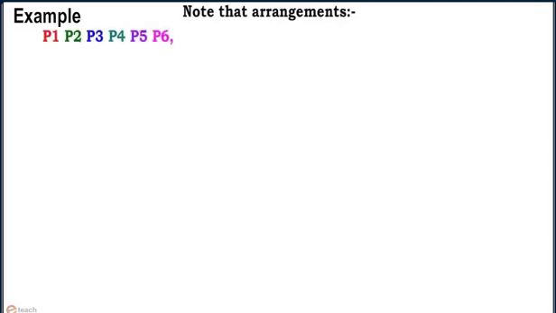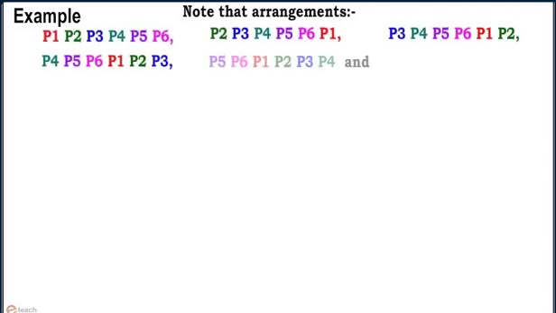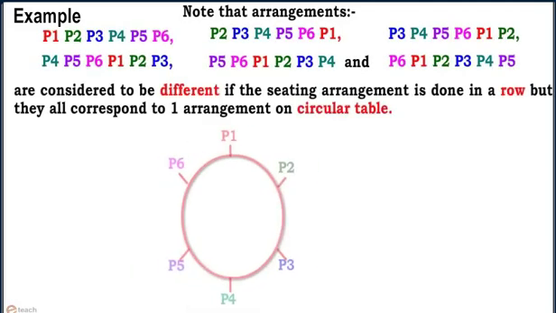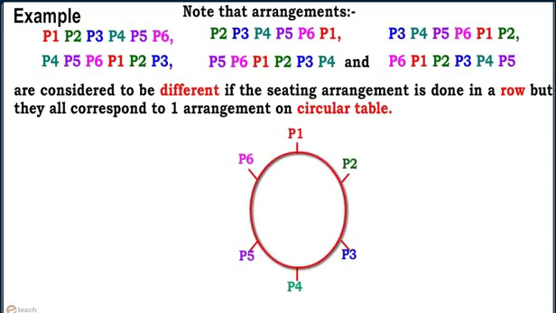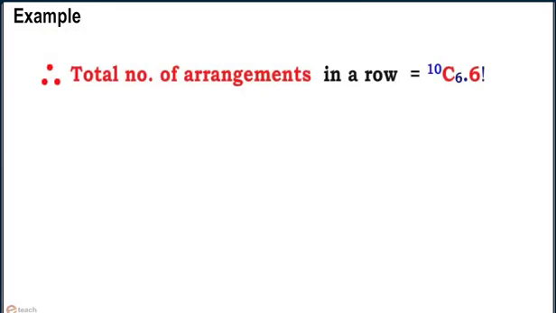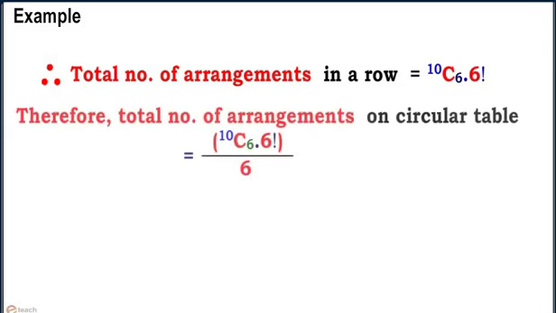Note that the following arrangements are considered to be different if the seating arrangement is done in a row, but they all correspond to one arrangement on the circular table. Therefore, the total number of arrangements in a row is equal to 10C6 into 6 factorial.